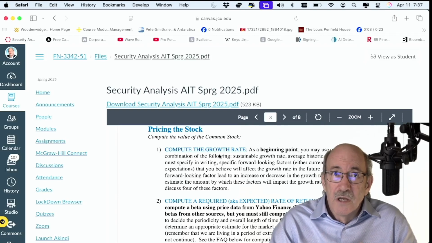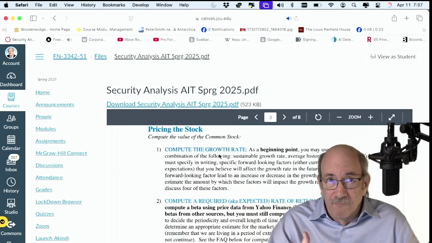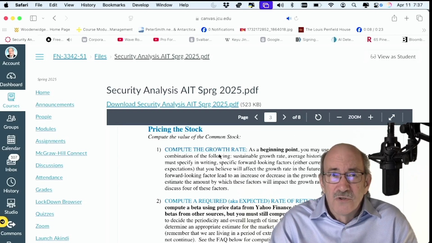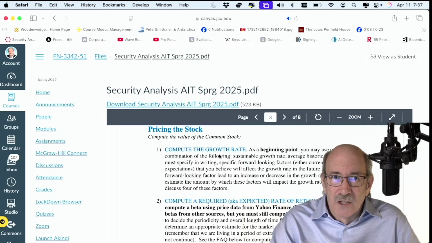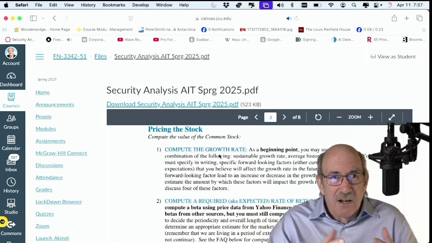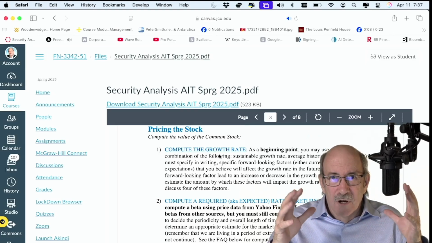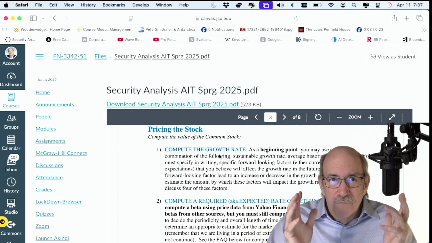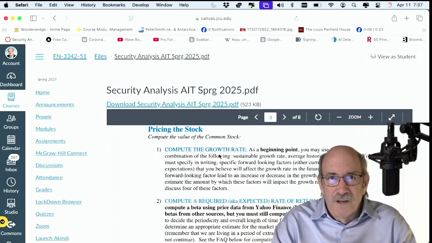Is that going to change their future growth rate? And I would guess so. So whatever I projected historically, I'm going to add a little bit to that to reflect the idea that the industry is going to grow, the pie is going to grow, and even if we keep the same market share, we'll still grow at a slightly faster rate.